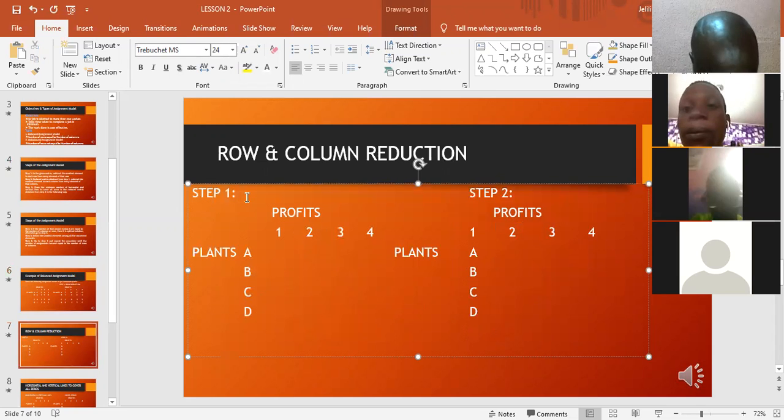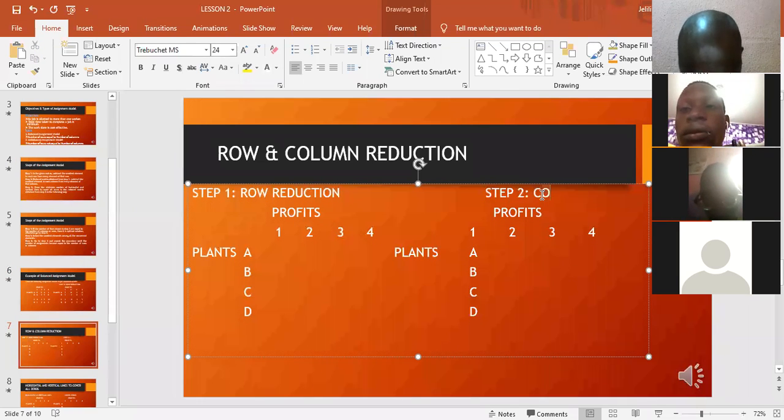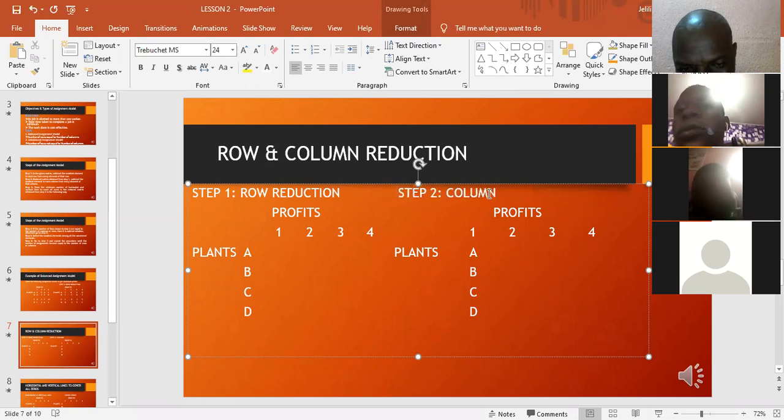So let's bring the row reduction down to here so that we use it as an example. Row reduction. So step 2 says column reduction. Let me put column reduction. So let's go back to step 1.